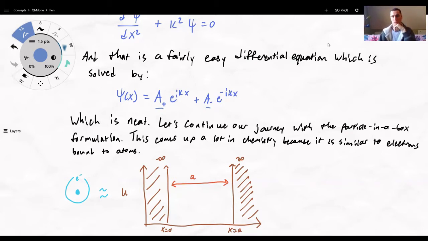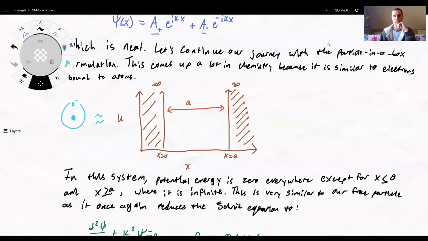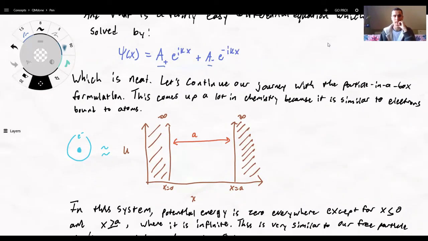But we're not really working with free particles, right? We're working with particles that are in lattices, in atoms or in solids. So let's continue by making things a little bit more complicated. What we're going to do is start with the particle in a box formulation. The particle in a box you have almost certainly come across before.